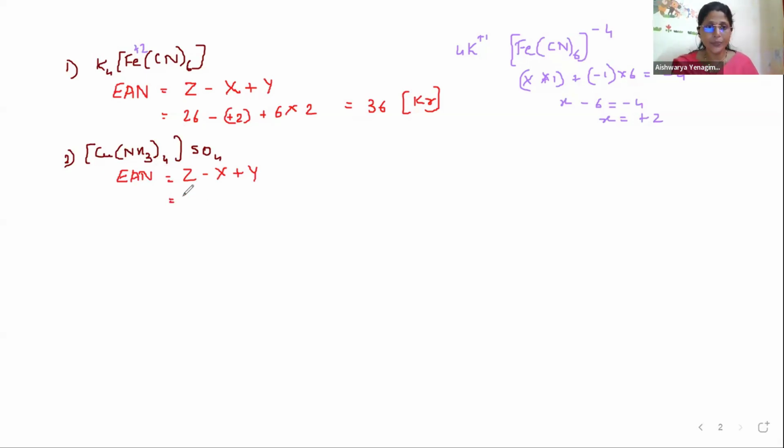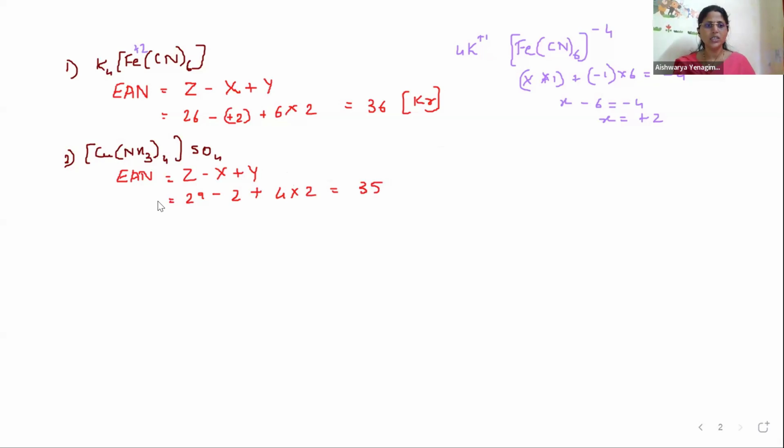It is 29, minus X. How much is X? Calculate. You will get X as +2. Plus Y, NH3. How many are there? 4 into 2. How much do you get? You will get 35, the nearest noble gas value.